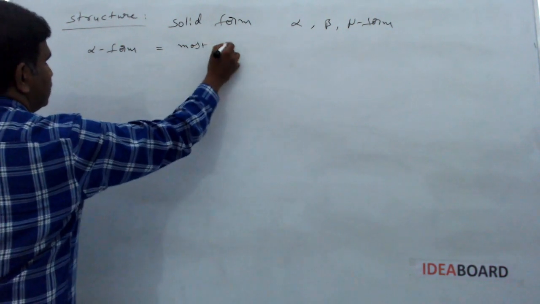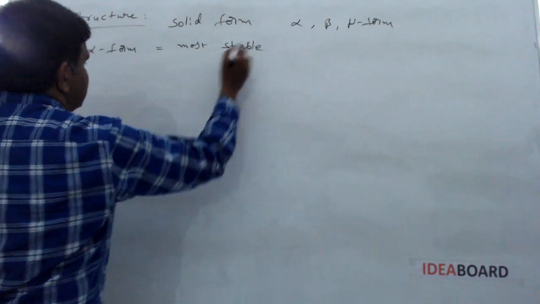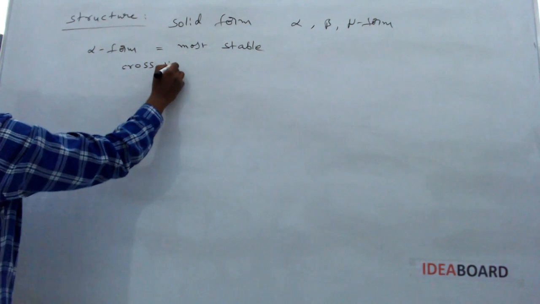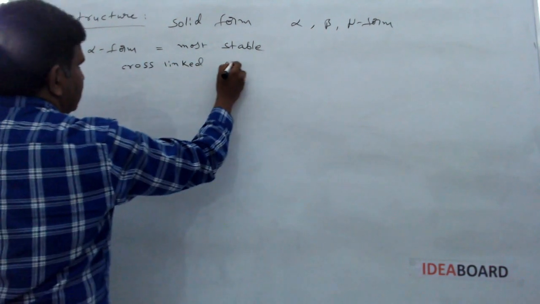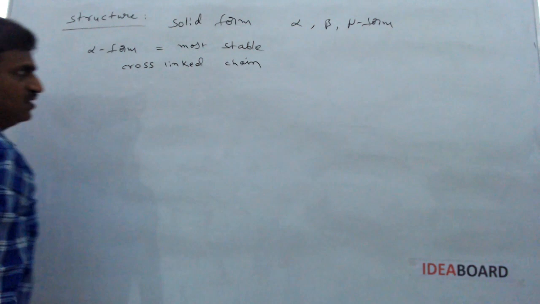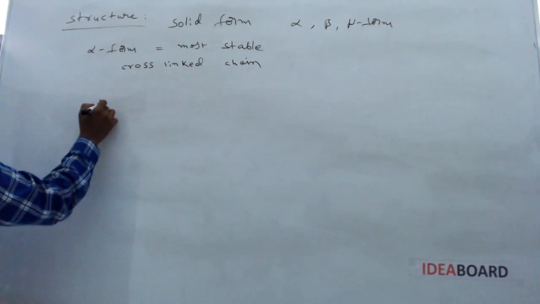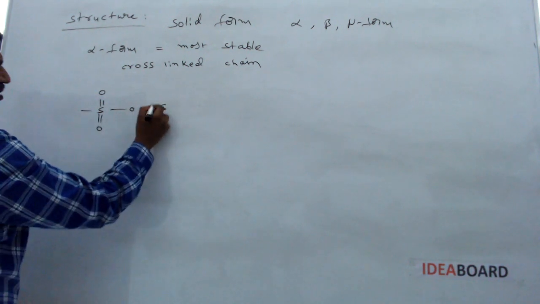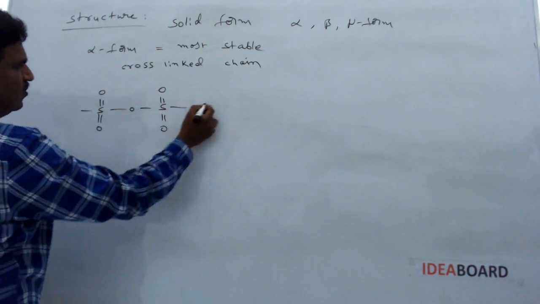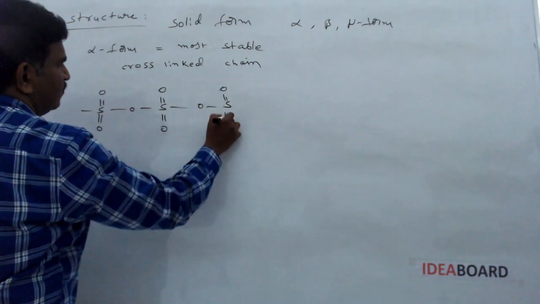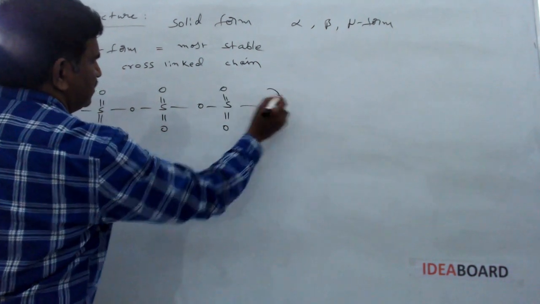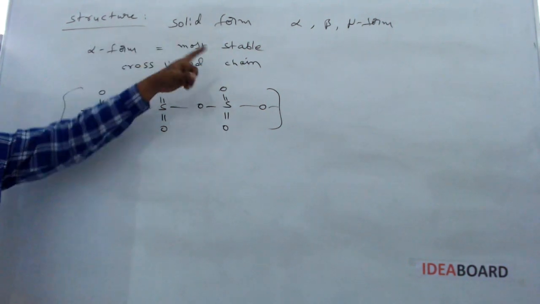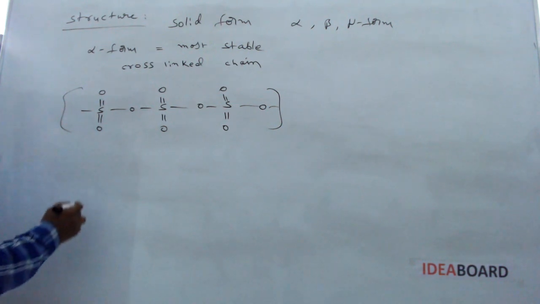The reason is because it contains a cross-linked chain structure, like we can write S double bond O, and another double bond O, and O, S double bond O. Like this, a cross-linked structure is present. Because of this cross-linked structure, the alpha form is the most stable form of sulfur trioxide.